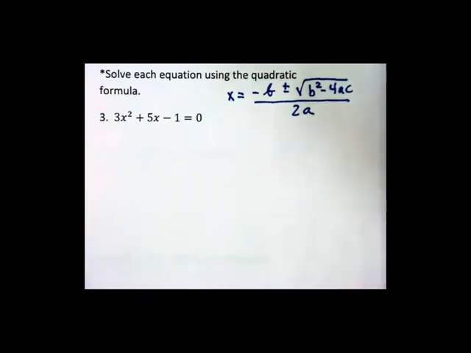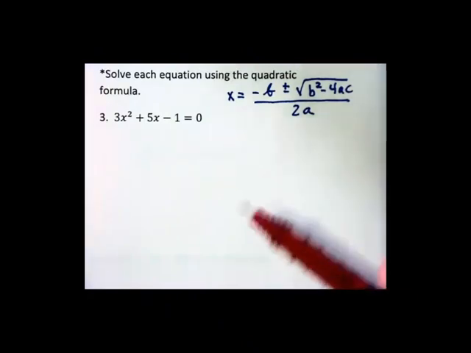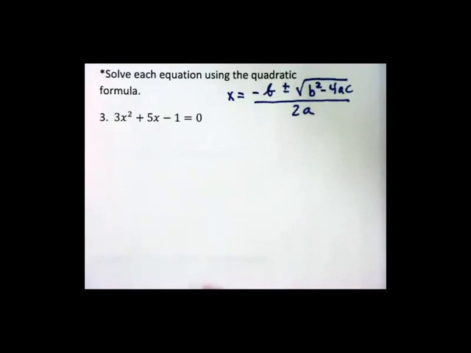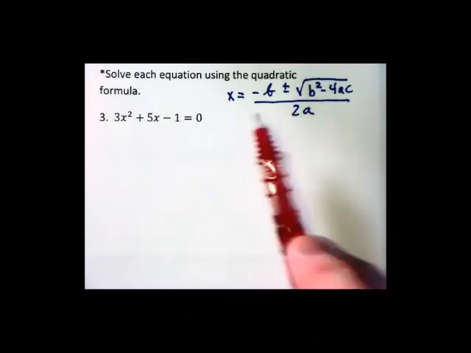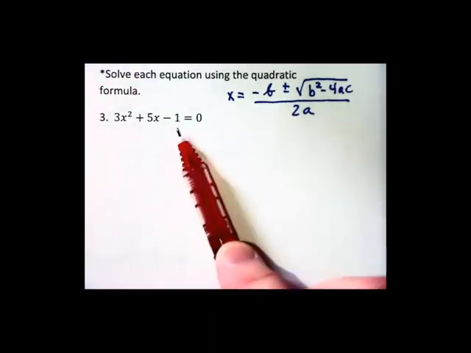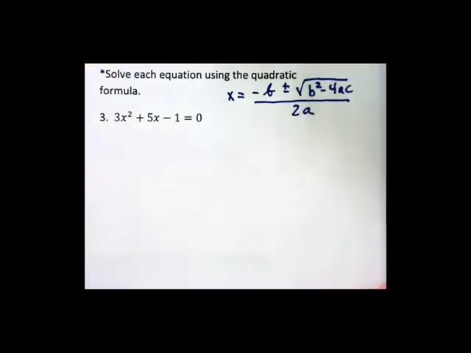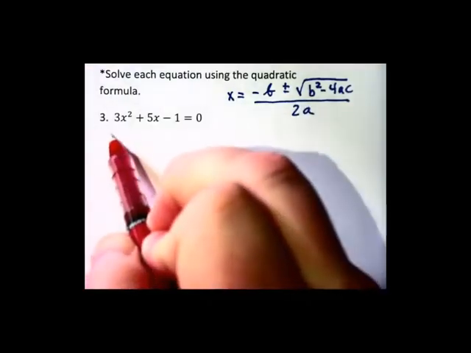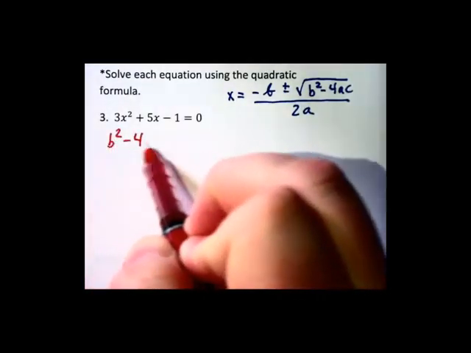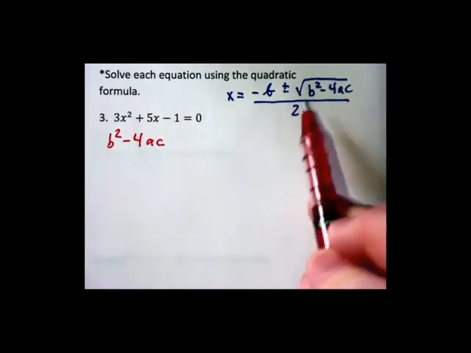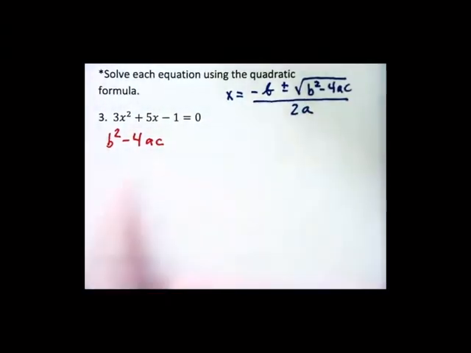Now, I do the quadratic formula or evaluate it a little bit different than most other students and teachers do. I do not substitute my values for A, B, and C directly into the formula. Instead, I find the value of b squared minus 4ac, the expression under the radical, first. It actually has a name called the discriminant, and I find that it serves quite a few purposes by evaluating it first.